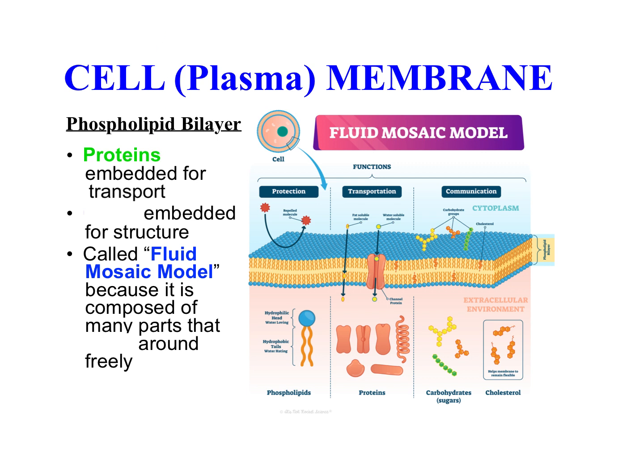Next, you can see that we also have carbohydrates that are embedded for structure. And so there are different carbs that are located throughout that we use for structural purposes. And then something we want to note before we move on is that we are calling the cell membrane also the fluid mosaic model, because it is composed of many parts that are all moving around freely.